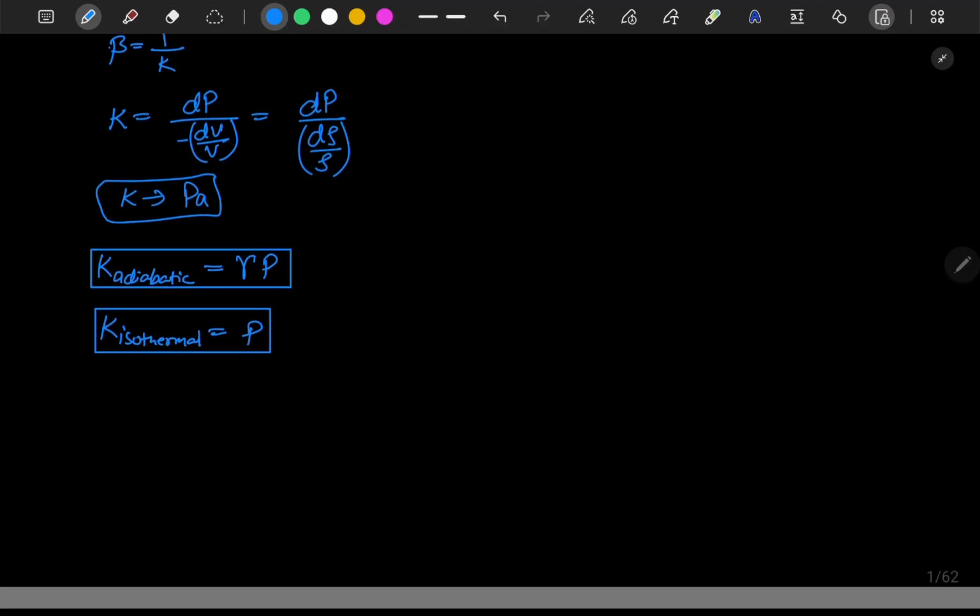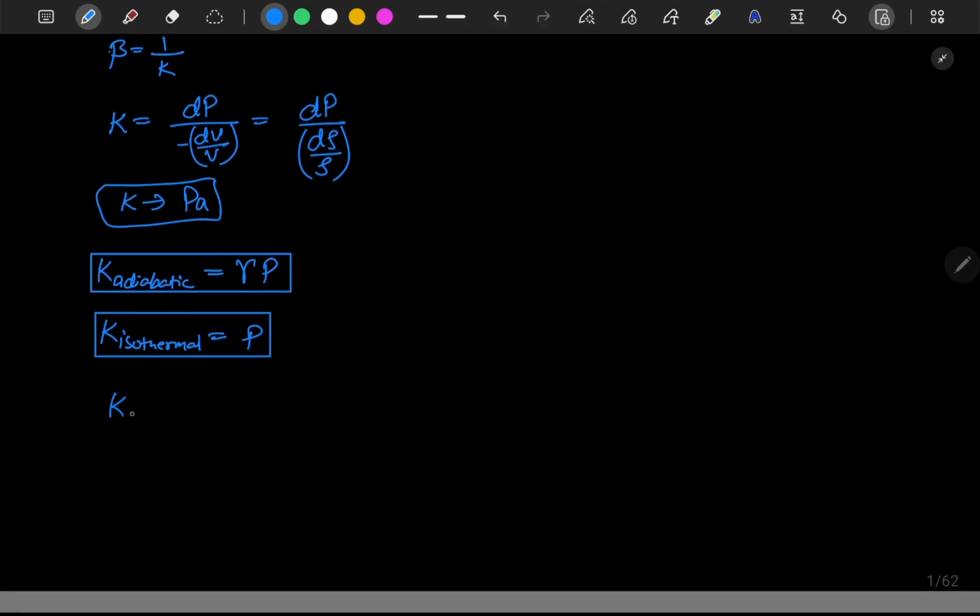One more thing we can say is that K adiabatic is greater than K isothermal, and similarly compressibility of adiabatic is less than compressibility of isothermal. So from here we can write a statement: isothermal compression is easier.